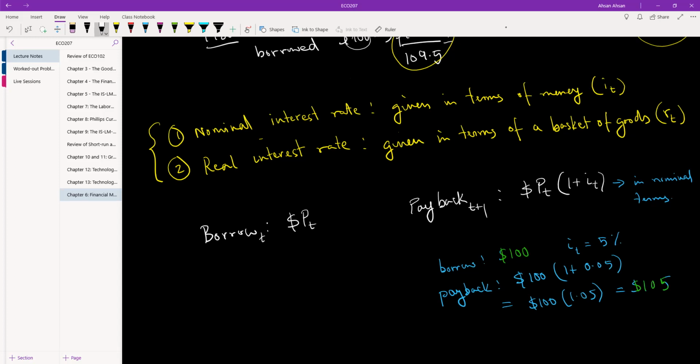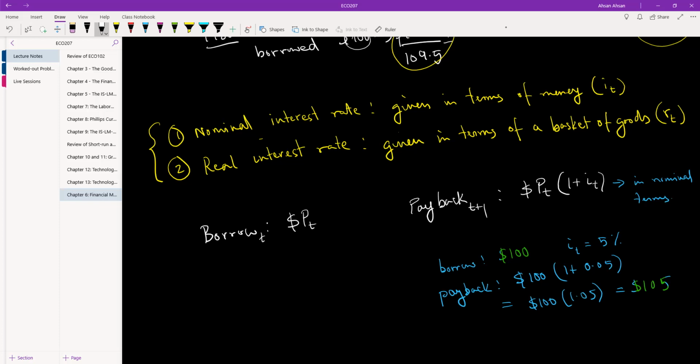What's the problem with this analysis? The problem is that we're not taking into account inflation. Okay, now if there has been 100% inflation, then what would have happened is that the value of money would have halved. And so when you're paying back $105 for having borrowed 100, you're really, in real terms, paying back something like $52.5, because there has been 100% inflation.